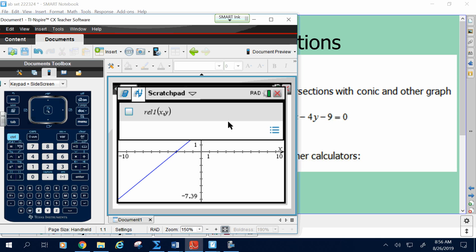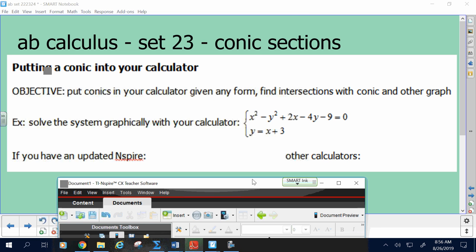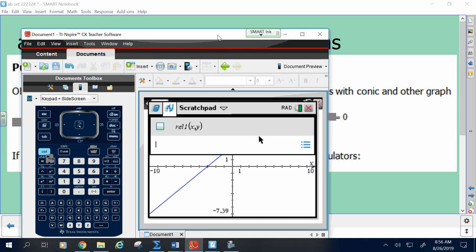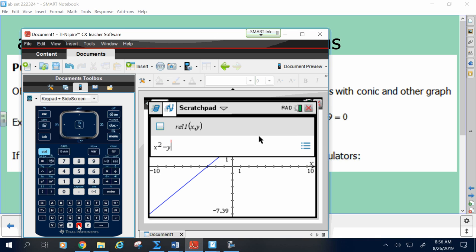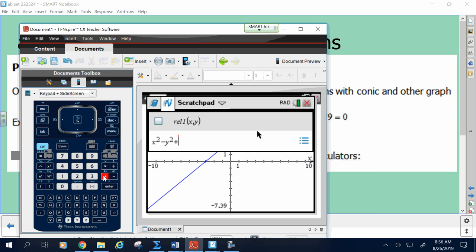Okay, now when you say relation, it just means x and y are related in an equation. It doesn't have to be a function. So if you type in the equation the way it is, x squared minus y squared plus 2x minus 4y minus 9 equals 0.